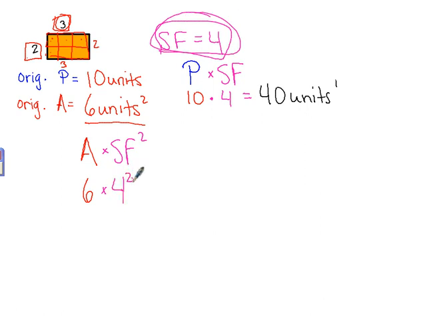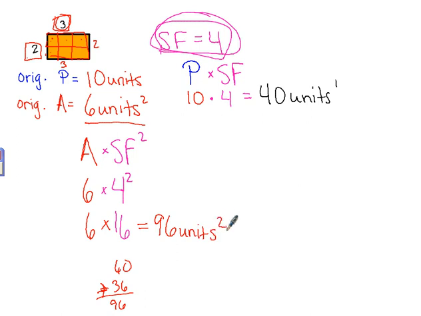Order of operations says I do exponents first, so I have 4 squared, which is 16, and I multiply that by 6. To do 6 times 16, I would do 6 times 10, which is 60, and 6 times 6, which is 36, and then I would add those up to get 96. So my area is 96 square units. And again, I remember square units because area is measured in squares.